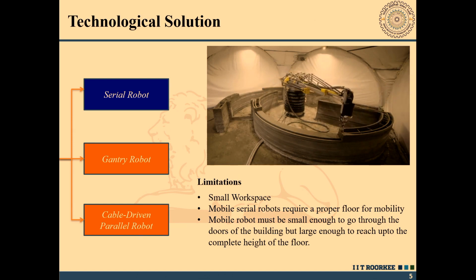And if you want to make the base mobile, then naturally you need a smooth terrain for the mobile base to move. So, a mobile serial robot requires a proper floor for mobility, and again there are issues with how to pass through the doors or the openings which are going to be in the house.